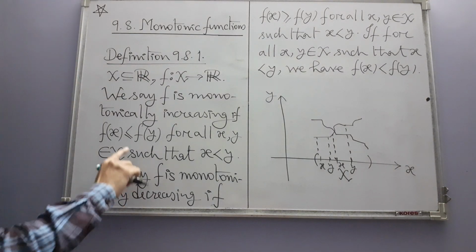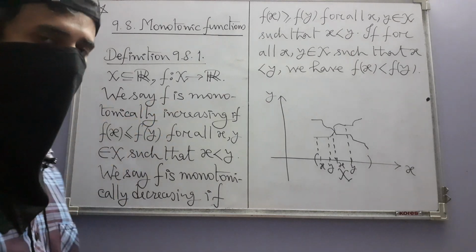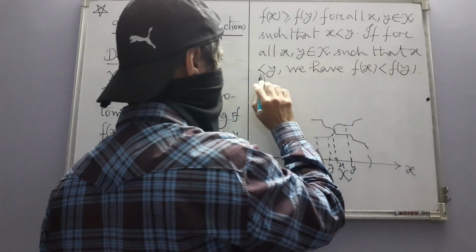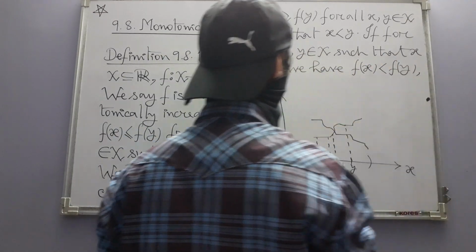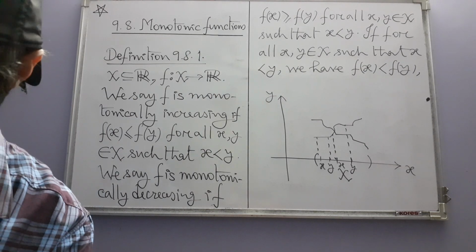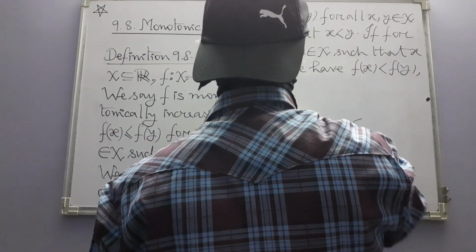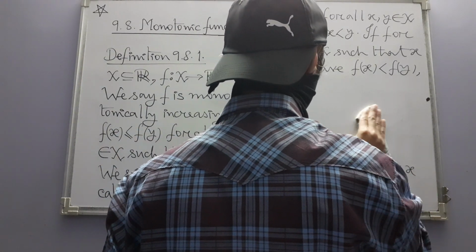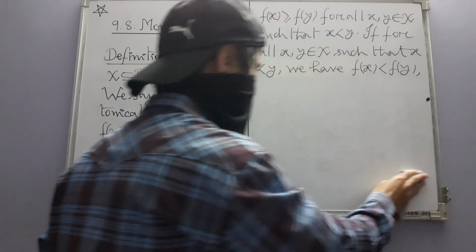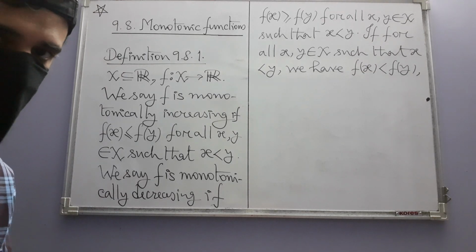This is not exactly the same condition as this. Here we have strict inequality. If this happens for all pairs of distinct points, then f is accordingly called strictly monotonically increasing. It's a special case of monotonic increase.